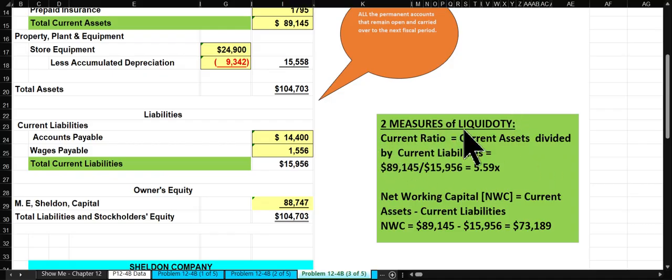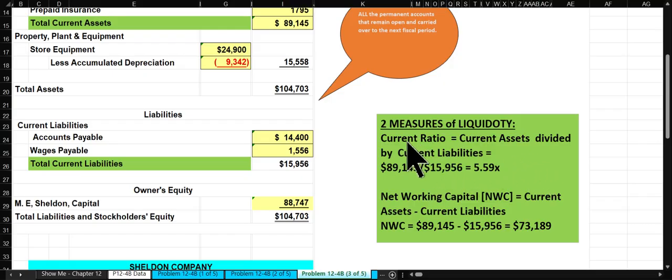And one of those ratios is called the liquidity ratio, which measures how quickly, how well the firm can meet its current or short-term obligations. It's called the current ratio, but the broad liquidity ratio, which includes the current ratio, measures how liquid the company is, how well they're able to meet their obligations as they come due.